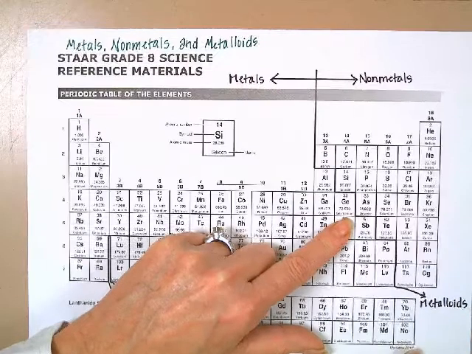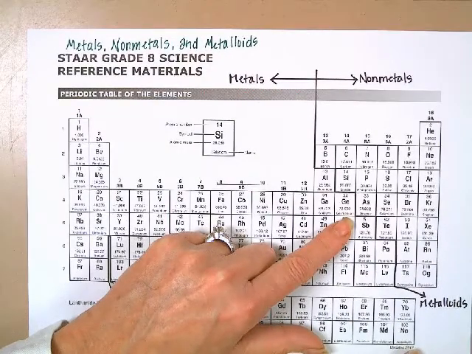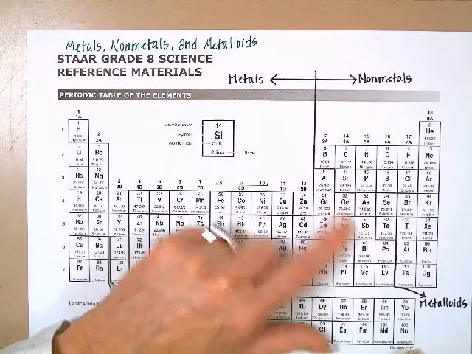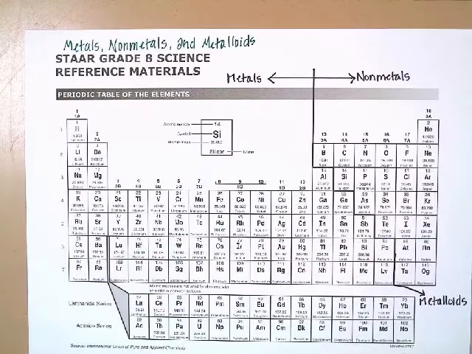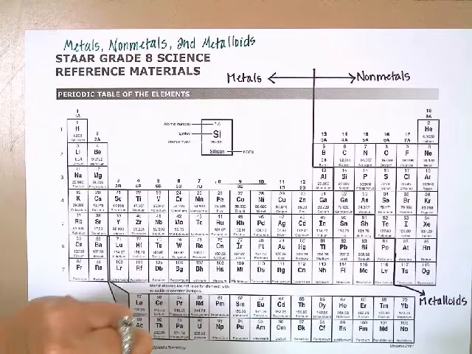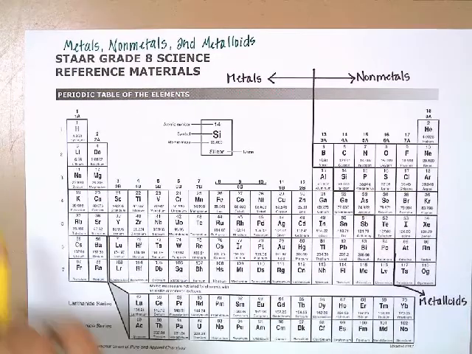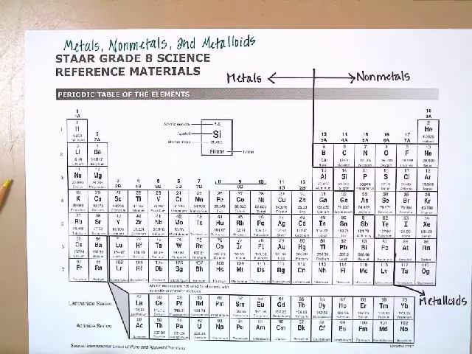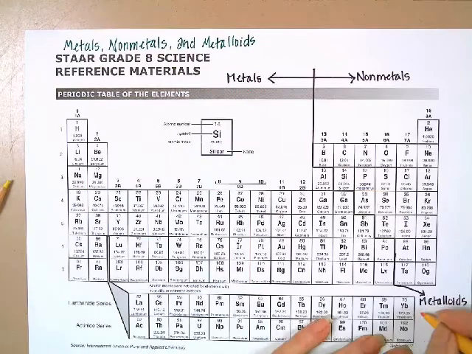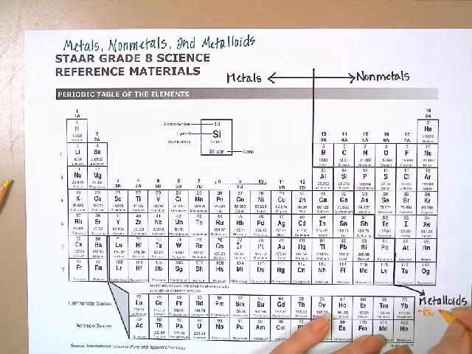And this is the easiest way to locate if an element is a nonmetal, metal, or metalloid. Use your stair step as your reference. So we're going to start in the middle with the metalloids because they are easy to identify, because those are the ones that touch the stair step. So metalloids, first off, touch the stair step.